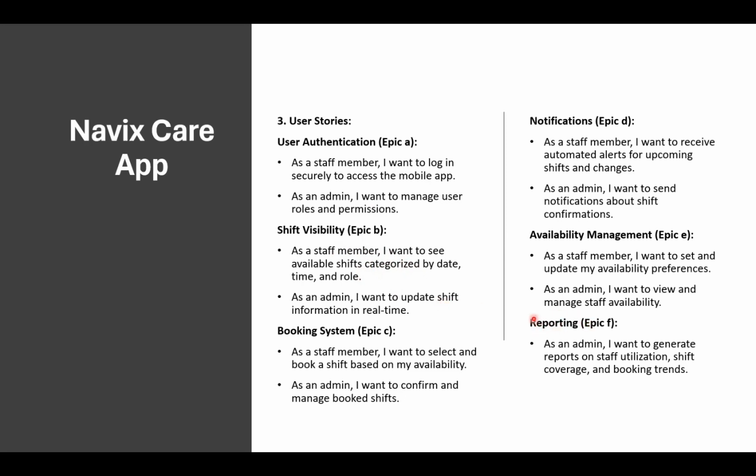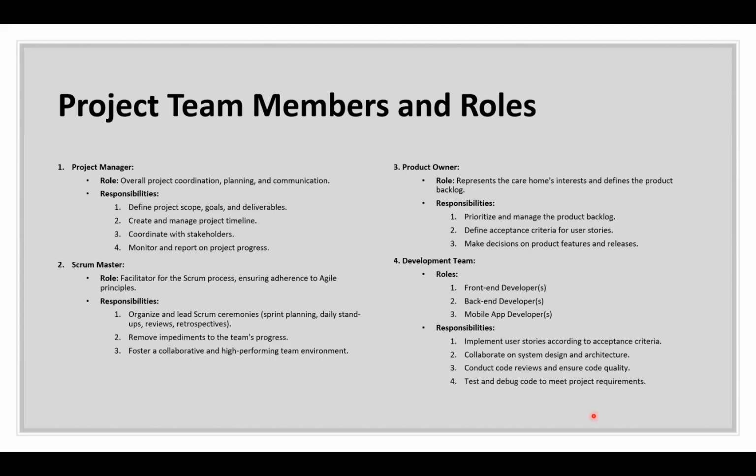Now, I like this part because we'll be running lots of data analysis in this program. So as an admin, I want to generate reports on what? Staff utilization, shift coverage, booking trends, whatever you want as the data analyst, you make it clear. So the development team is going to build the way all of this data will be captured at the back end into the database for you to start doing your analysis.